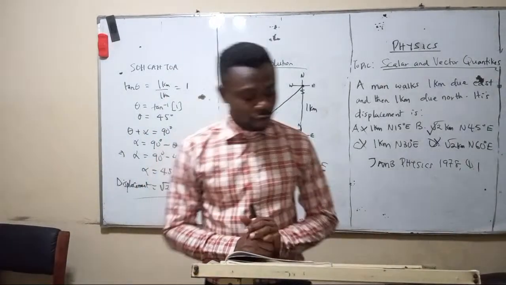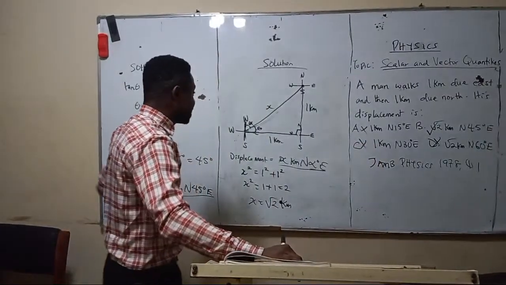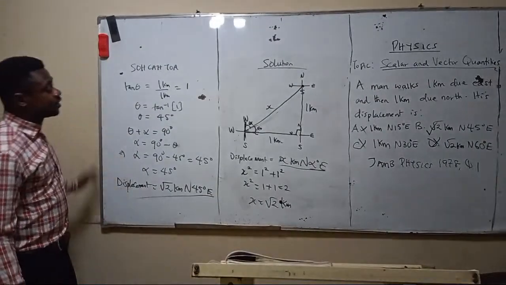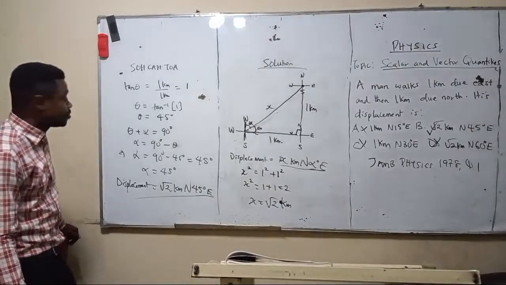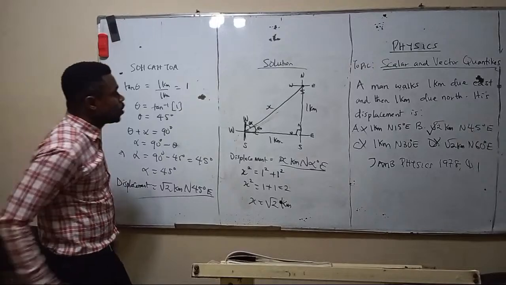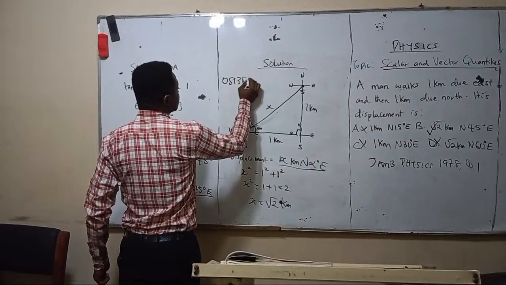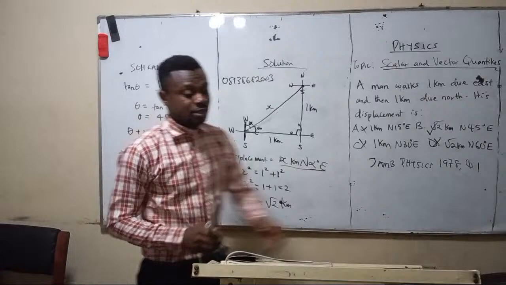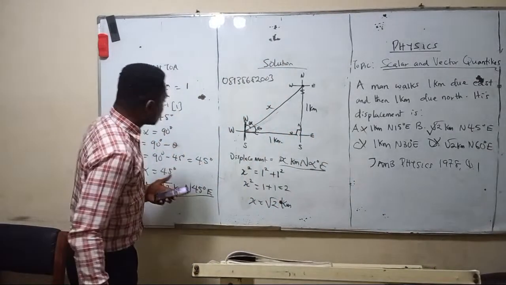I'll give 2 minutes for reactions. If there's anything you did not understand, look at the board clearly. If there's anything you don't understand while I was solving this, please feel free to ask. If there's any step you did not understand, please ask. Call the number on the board, 081-3868-2003, or as you watch this lecture, you can also drop your question in the live chat.